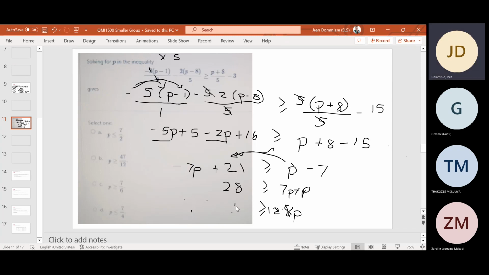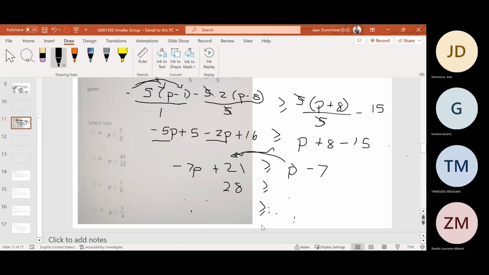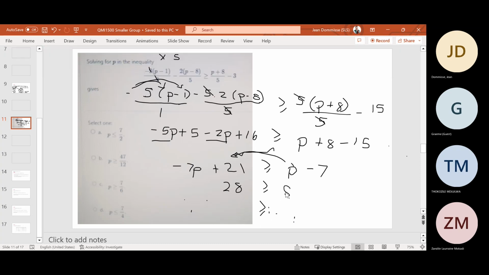So let's just make this. So that's 28. And on this side, it's 8p. So 28 divided by 8 is equal to p.